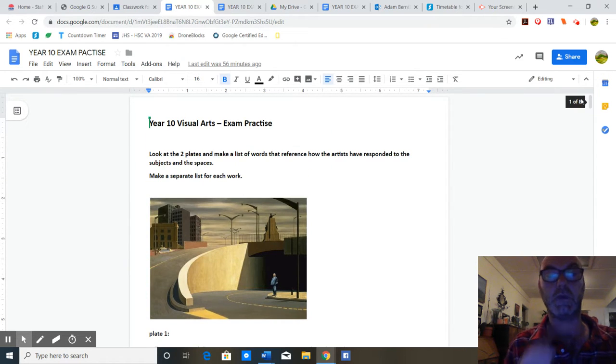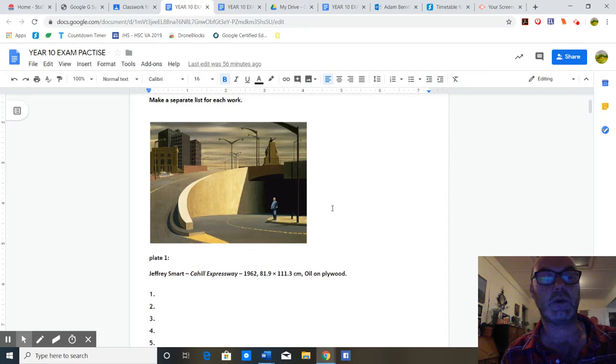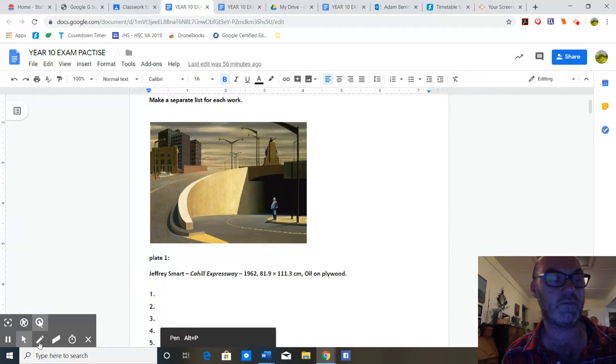You need to make a list of words that reference how both artists have responded to the subjects and the spaces. And you need to make a separate list for each work. This first one here in plate 1 is by an artist called Geoffrey Smart. Here is Geoffrey Smart himself, this man here.